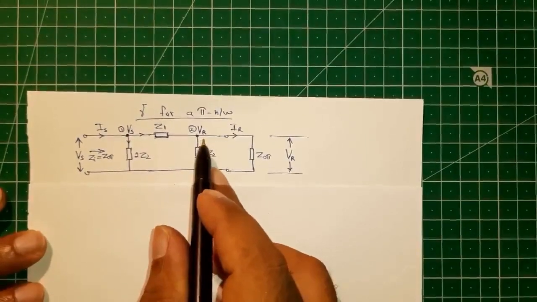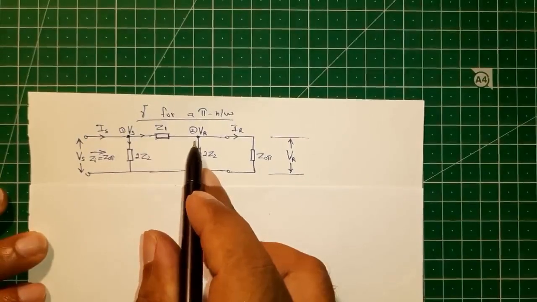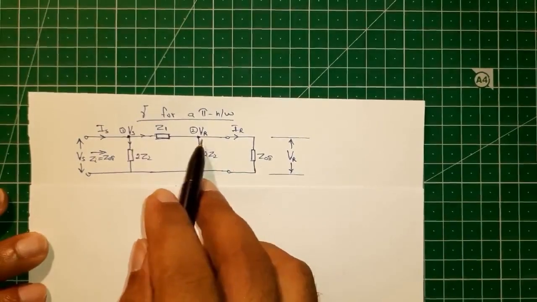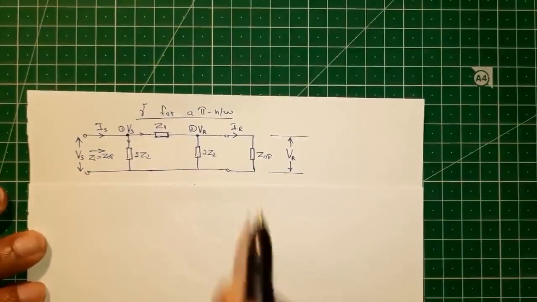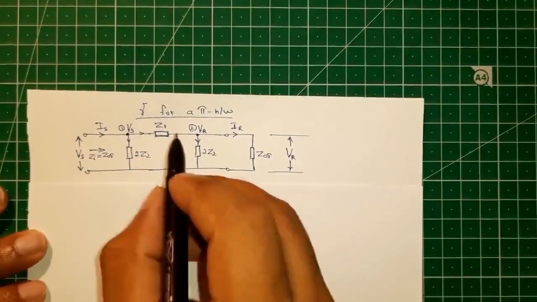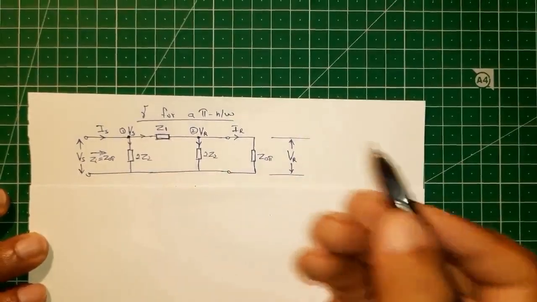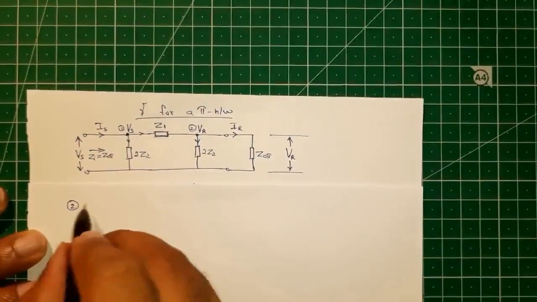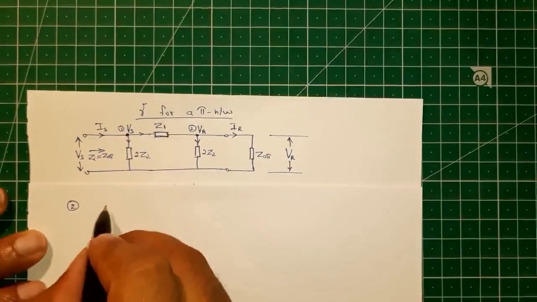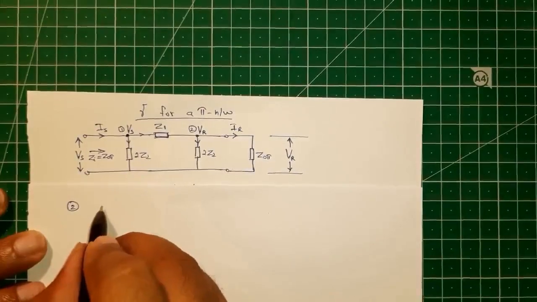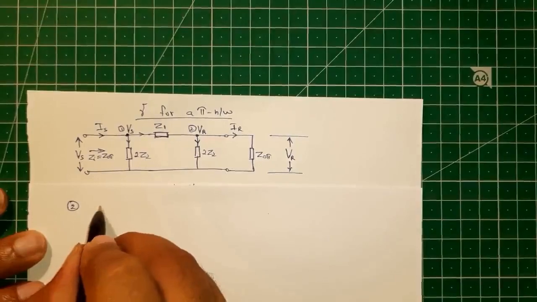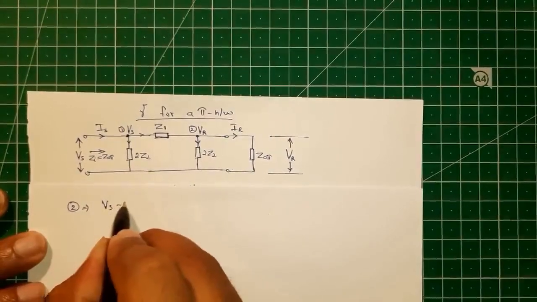Now let us look at the node 2. So we have one current leaving this network, this current, and another current leaving this through 2Z2, and one current entering this network through Z1. So we can write the Kirchhoff's current law for node 2 as Vs minus Vr upon Z1.